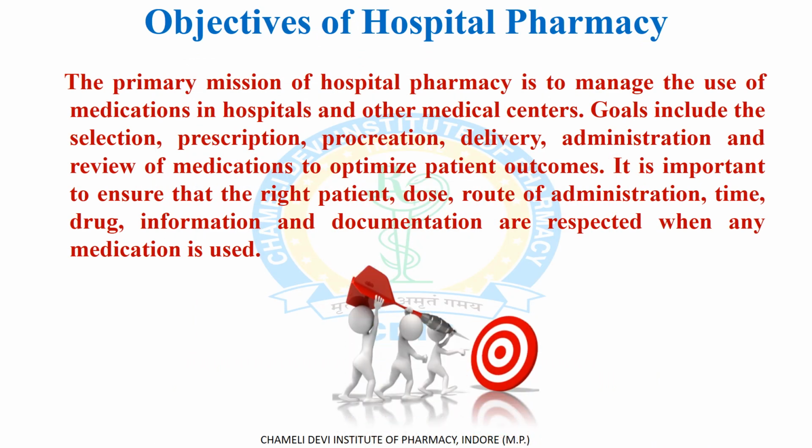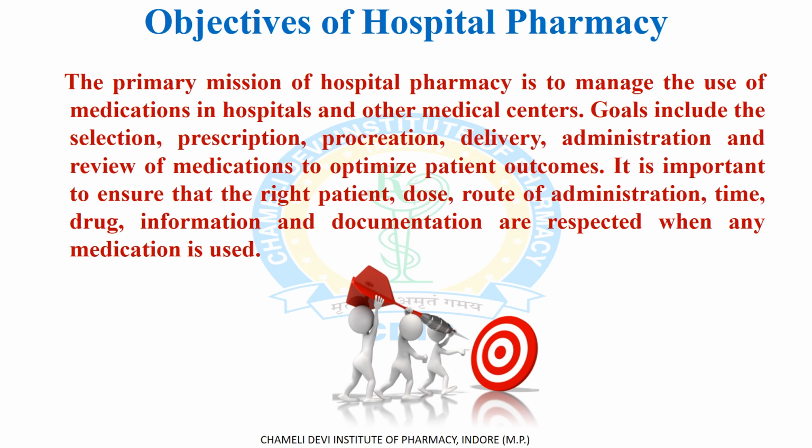There are some objectives of hospital pharmacy, which include their goal of selection, prescription, procurement, delivery of medicines, administration, and review of medications to optimize patient outcomes.